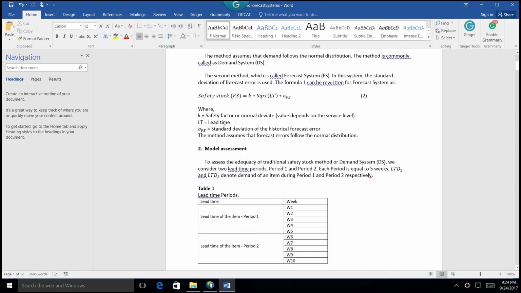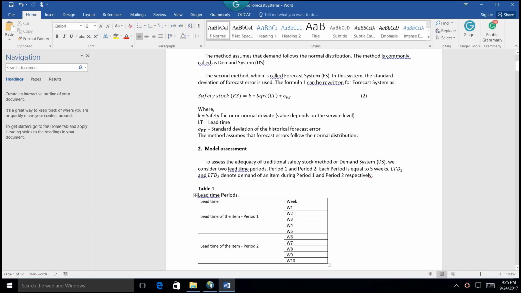One more assumption we are making here is that the lead time is constant, because we just want to focus on the demand side. We just want to evaluate how this formula works when demand has a trend or does not have a trend, so it won't make much difference if we use a constant lead time. It will just help us in doing the analysis.